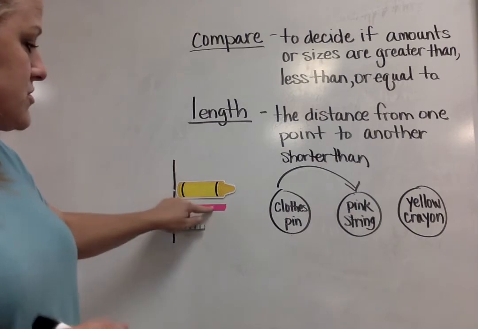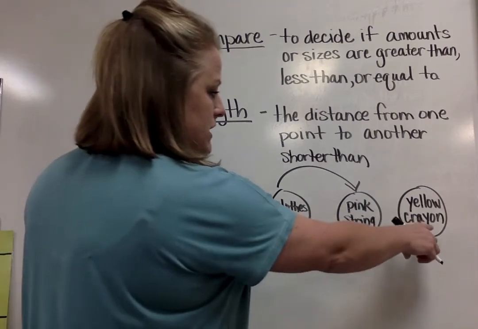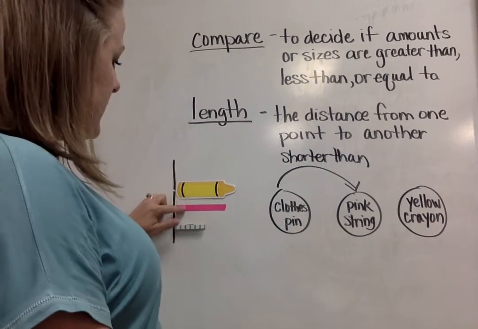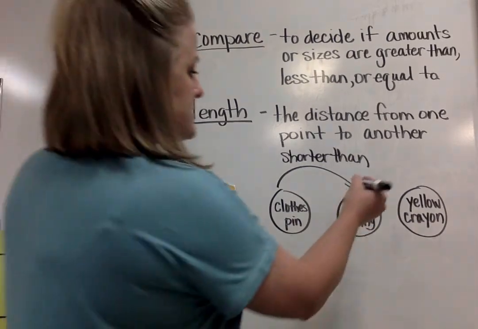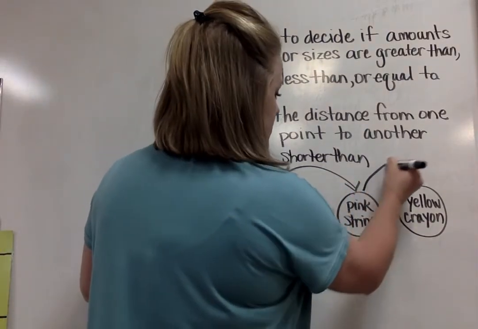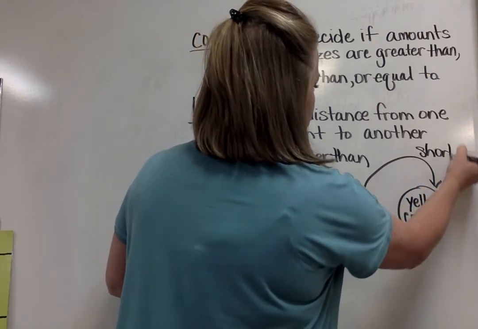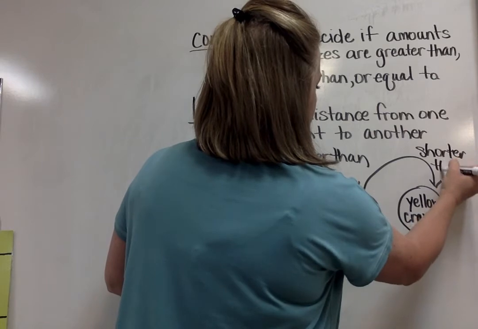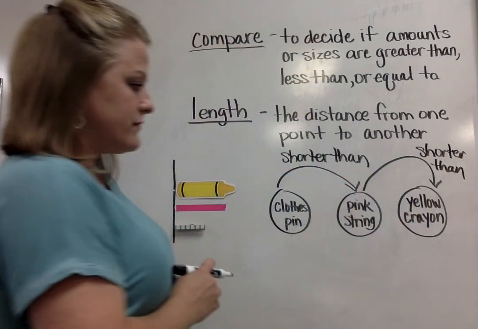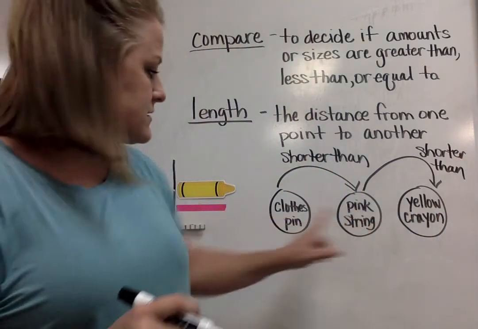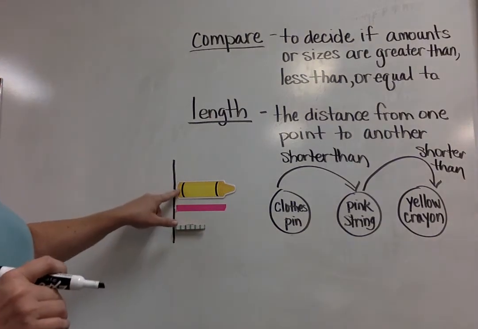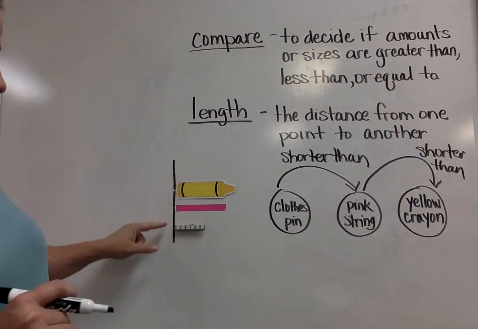Now, look at the pink string, and if I'm comparing my pink string and my yellow crayon, it's also shorter than. So my pink string is also shorter than the yellow crayon. So now let's compare the clothespin to the yellow crayon. That way we're comparing all of them together.